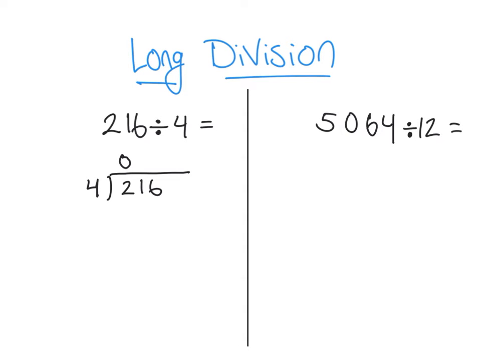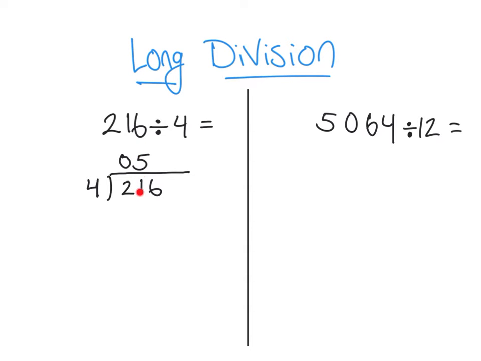Okay, so now I have to look at the first two numbers in my dividend. The 2 and the 1 together, they make 21. So how many times does 4 go into 21? Well, we know that 4 times 5 is 20, and so 4 goes into 21 5 times. So I'm going to write the 5 up here in my answer above the 1.